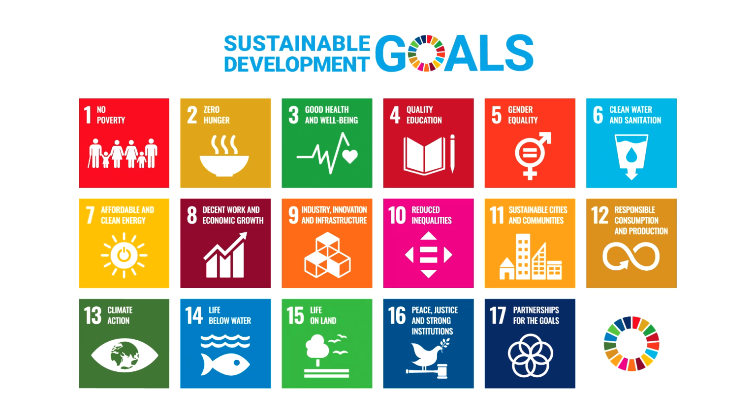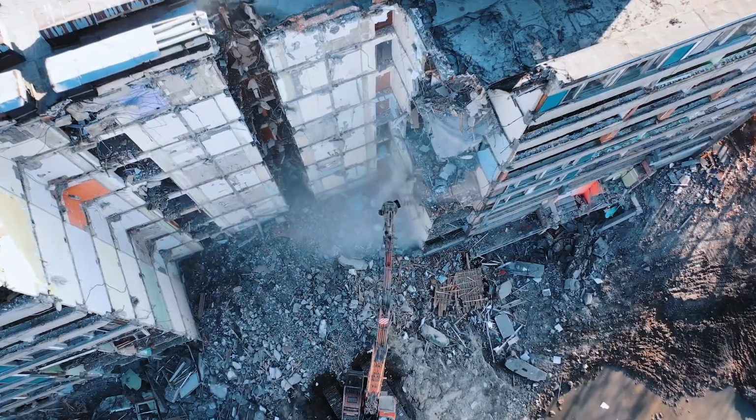As a matter of fact, the United Nations has developed 17 SDGs, which stand for Sustainable Development Goals. These goals are things that can be utilized in the classroom to help students and learners solve problems. For example, if you go into any major city today, you will see that a lot of the buildings and infrastructure are in desperate need of repair.